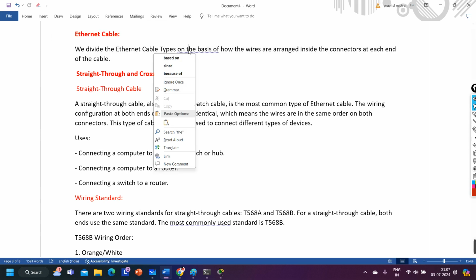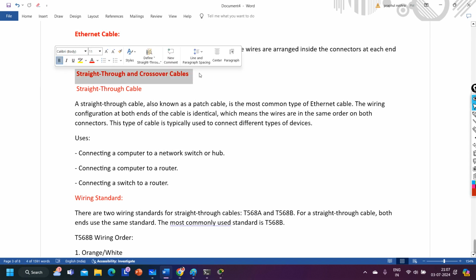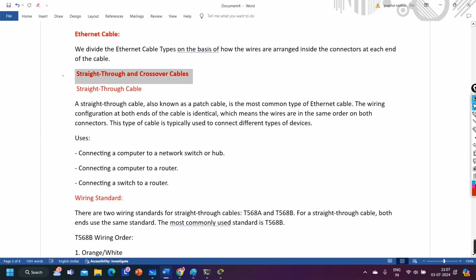So the first type of cable is the straight through cable, then crossover. Rollover is used to take console access, means to access the devices. Don't worry about the console cable for now. Just suppose we have two types of cable, straight through and crossover.